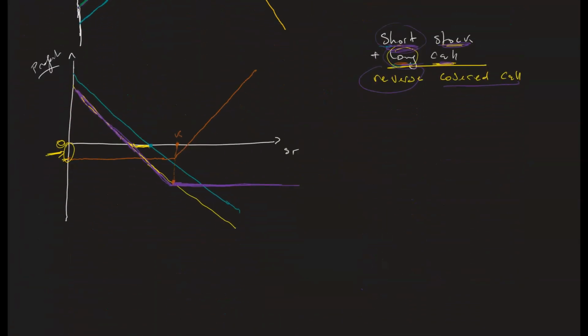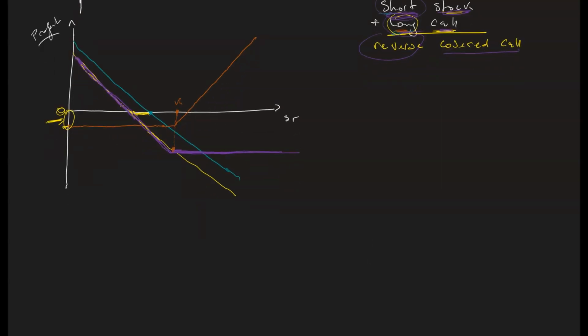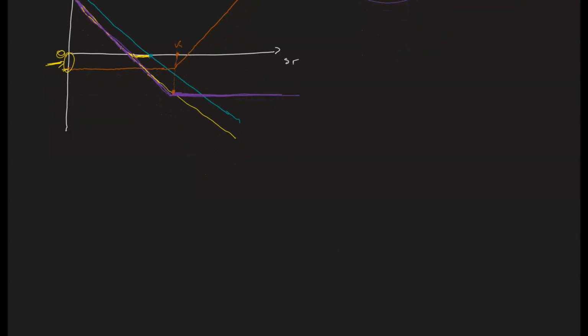So with this strategy, what we're going to do is essentially take a long position in the stock and also a long position in the put. Now, why would you take a long position in the put? Well, the put option protects you against downward movement in the value of the stock price or of the underlying.